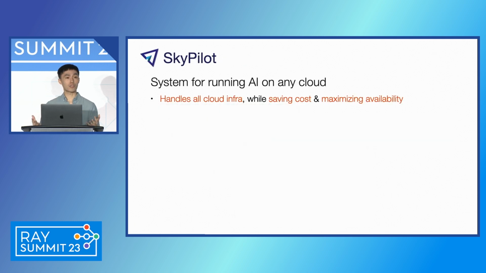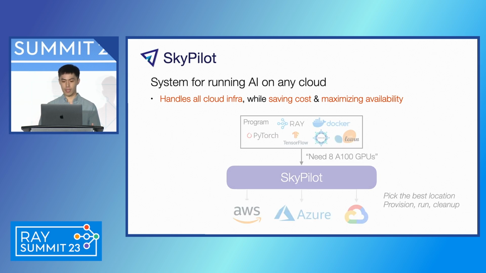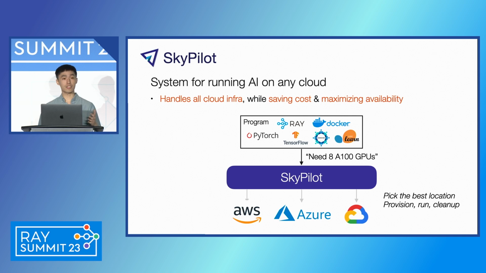To solve all of these problems, we are building an open source system called SkyPilot, a system for running AI on any cloud. SkyPilot handles all of the previous cloud infra burden while saving significant cost and maximizing GPU availability. And it does so automatically. So here's how it works. The user submits a program to the system and a resource requirement.